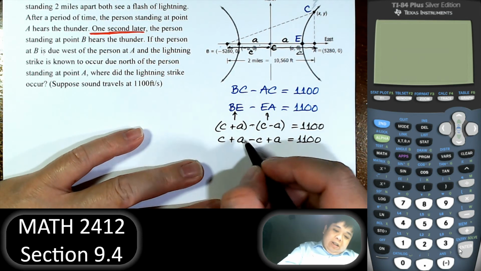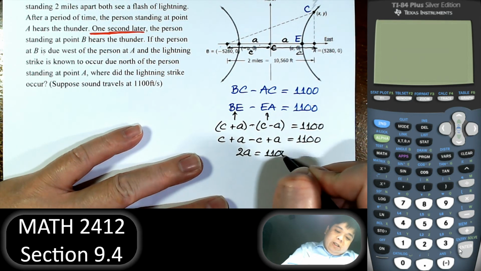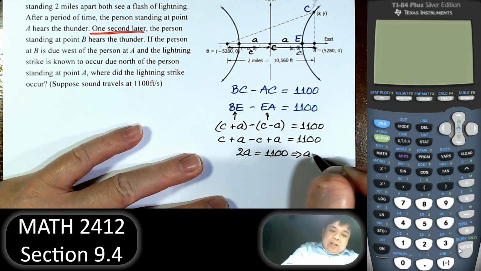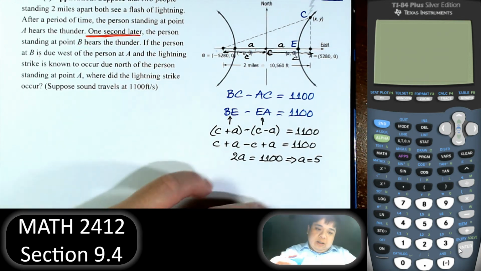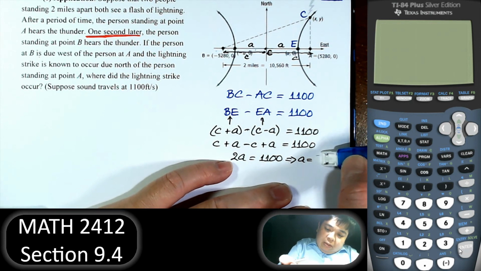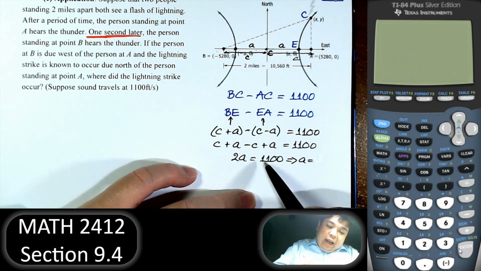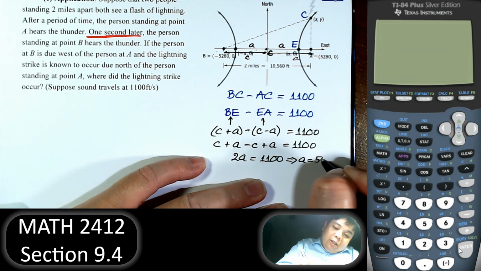So what do we have? 2a is equal to 1100. So a is equal to half of that, which will be 550.